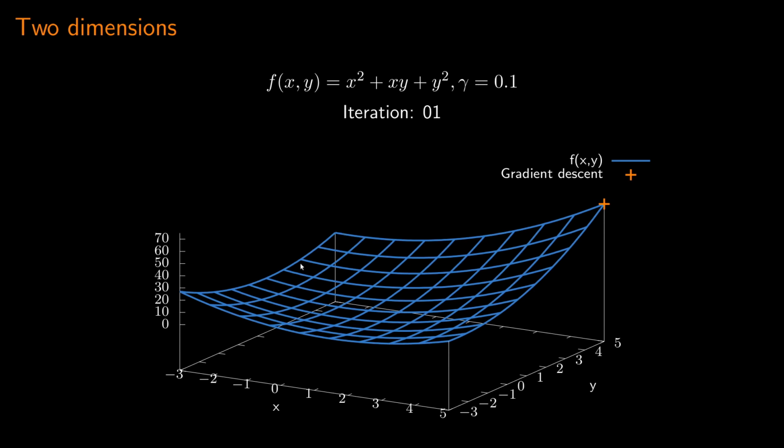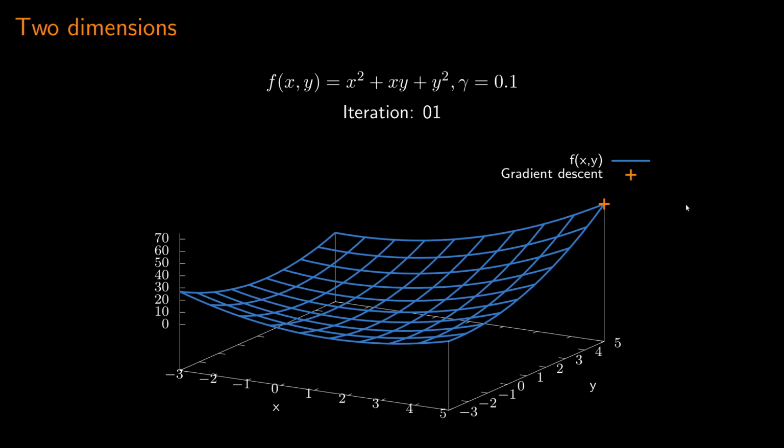We can see plotted here our two-dimensional function, with values of f plotted over x and y. We can see intuitively that this function is going to have a minimum at x equals 0 and y equals 0, where it will indeed be equal to 0. So we know the minimum should occur somewhere about here.